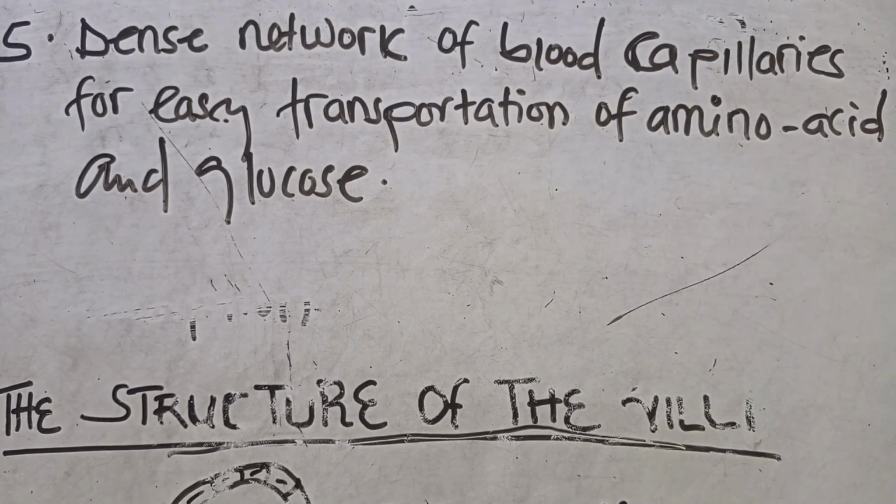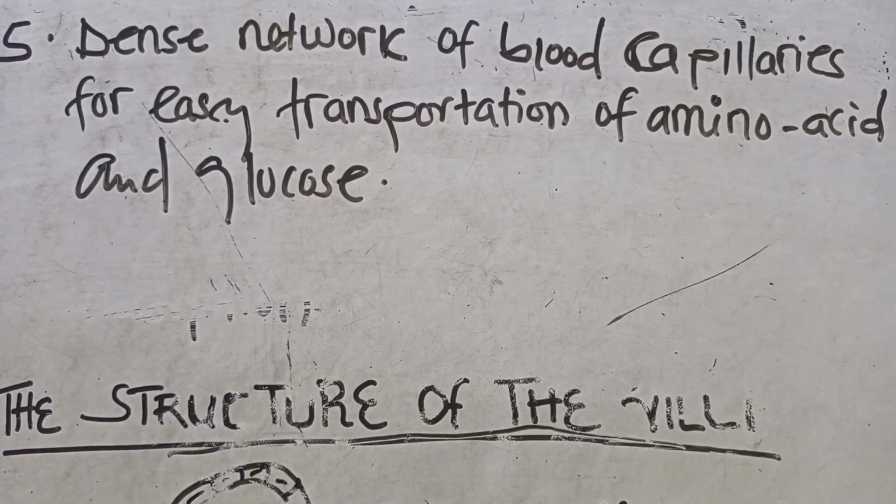So the reason why the network is dense is that it allows the rapid exchange of materials between the blood and the cells. This is what we mean. So the network that is dense allows the rapid diffusion of amino acid and glucose, as it is in the point.